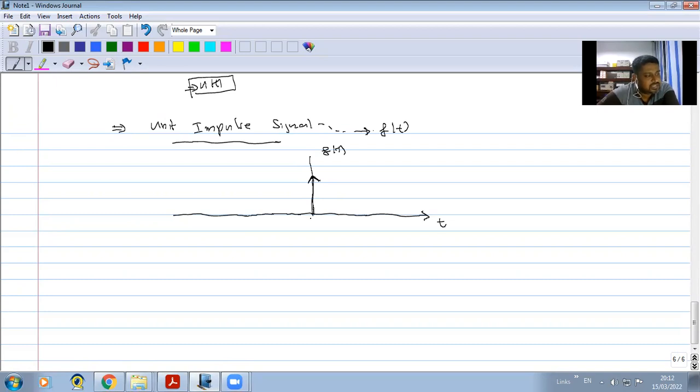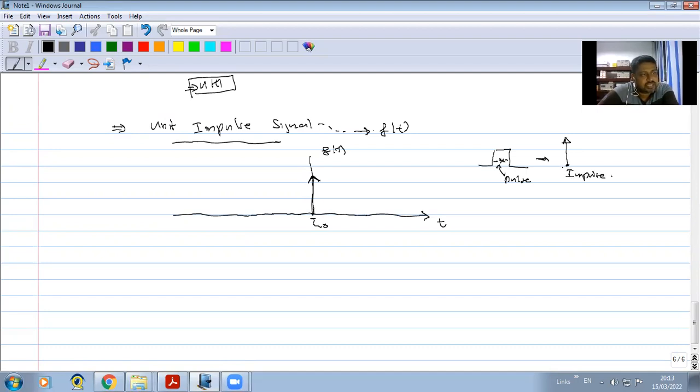So this time is actually 0. A very small time duration is there, and that is why we call it an impulse. This is a pulse: if you have a time duration, it is a pulse. If you reduce this pulse duration, and the pulse duration goes to 0, we normally refer to it as an impulse.